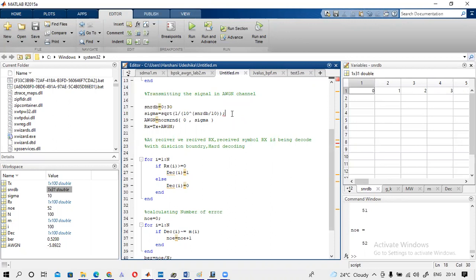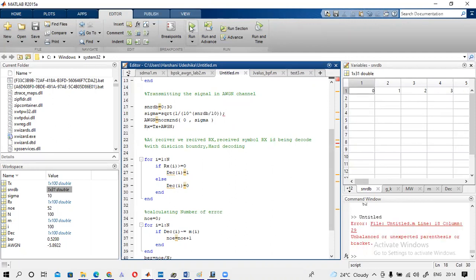And you can see now the SNR dB is changing from 0 to 30. When it changes from 0 to 30, the sigma value will change. According to the sigma value, this AWGN also changes, and according to the AWGN, the received signal RX will change.